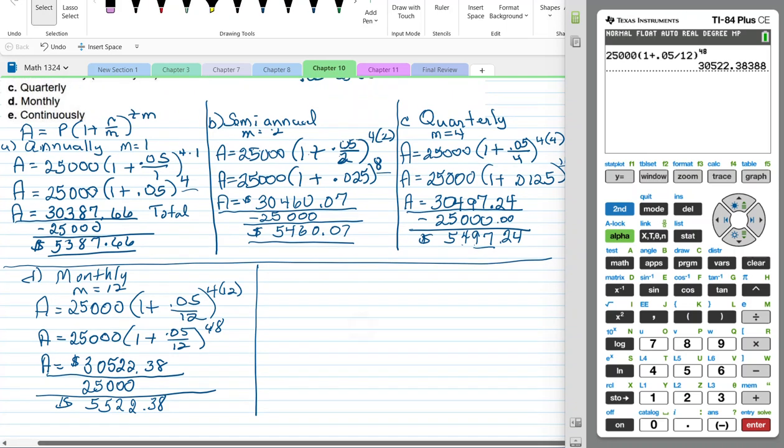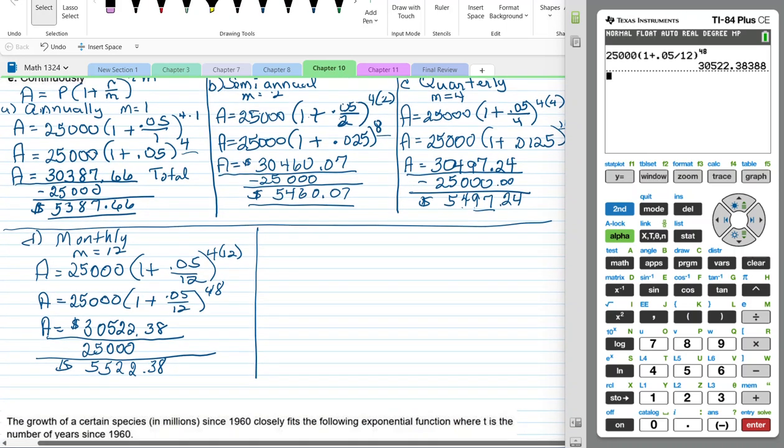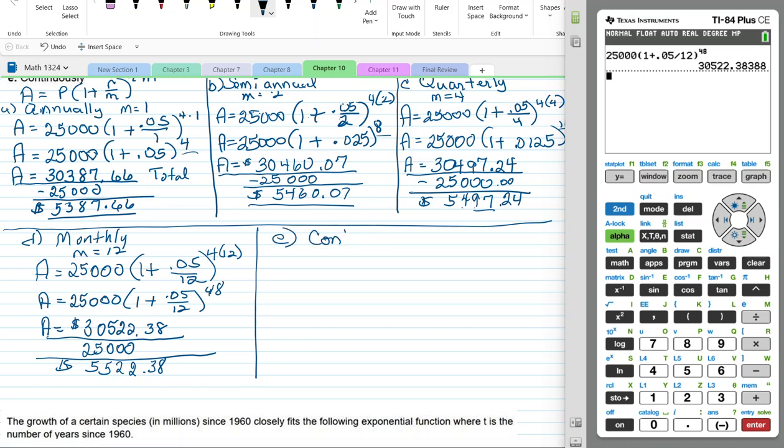Well, the last one is continuous. Now the continuous can only be done on the home screen. It is A equals P parenthesis E to the RT.